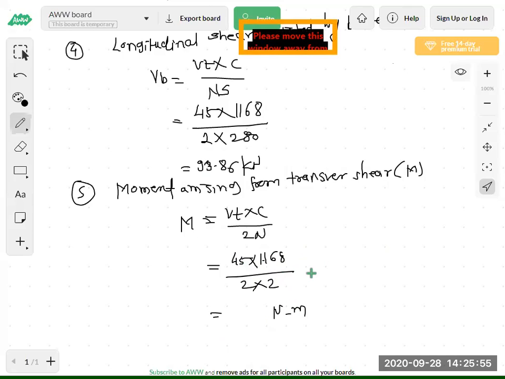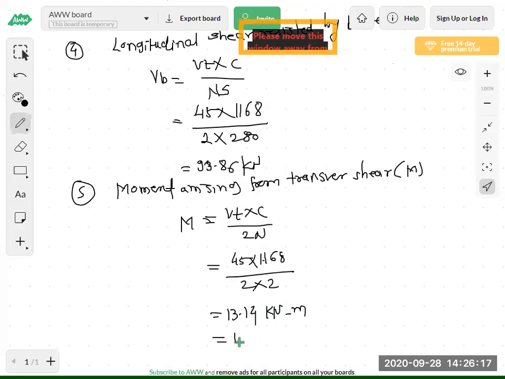45 into 1.168 is 13.14 kilonewton meter. Correct, kilonewton, sorry, here I have written newton. 13.14 kilonewton meter correct.